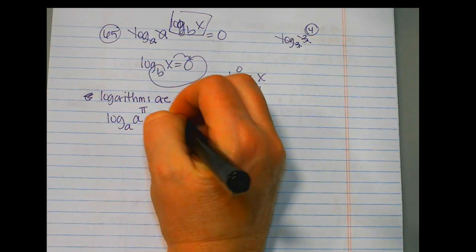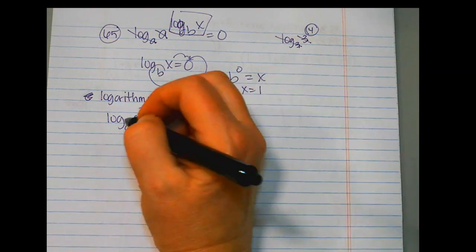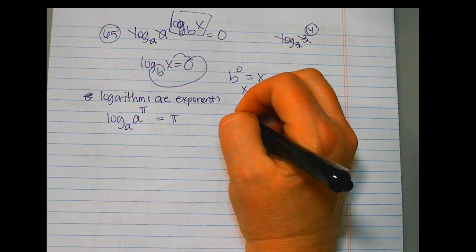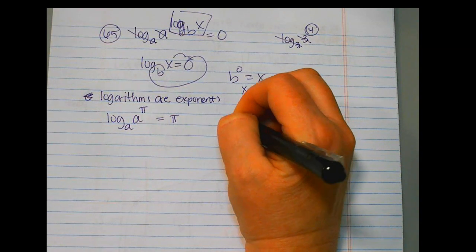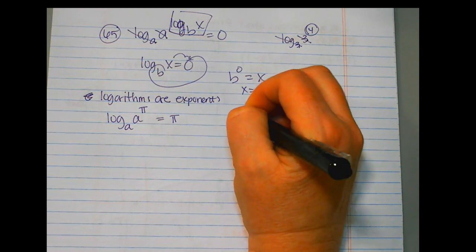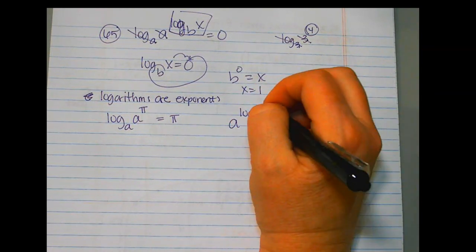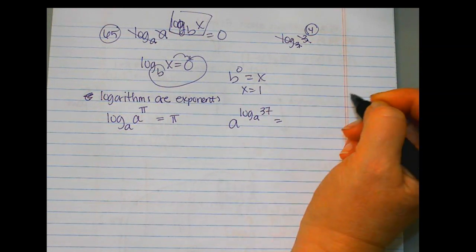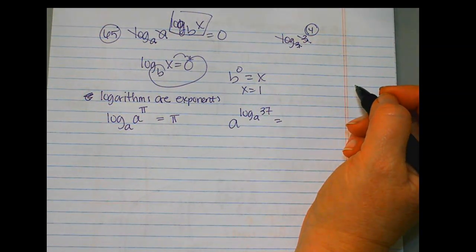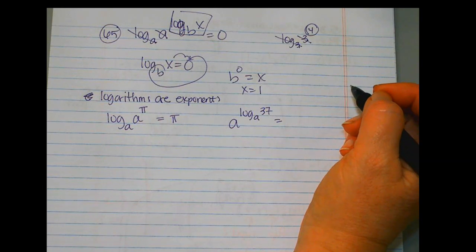That's going to be equal to pi because these cancel. If we said A to the log base A of 37, that's going to be 37.